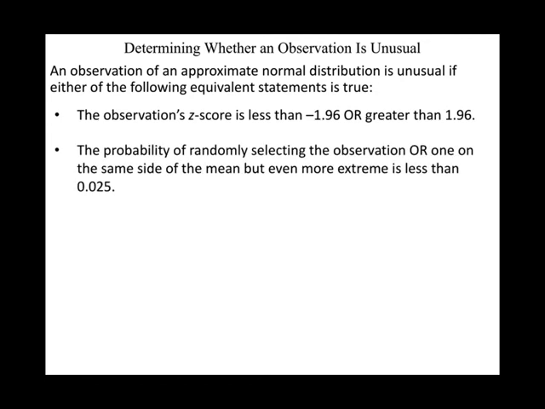Or, the probability of randomly selecting an observation on the same side of the mean, but even more extreme, is less than 0.025. So if you're finding the probability and it is less than or equal to 0.025, we call this an unusual value.